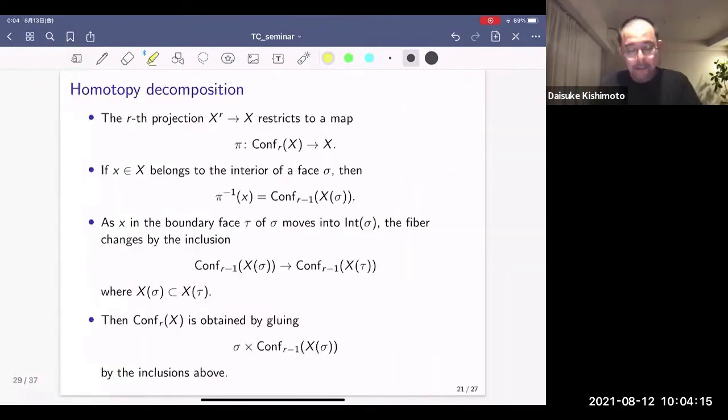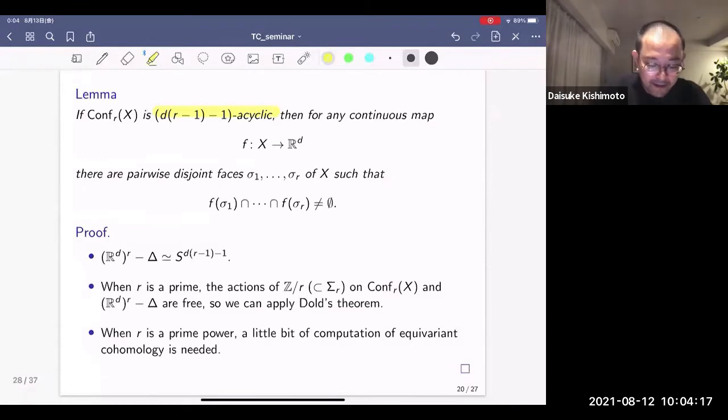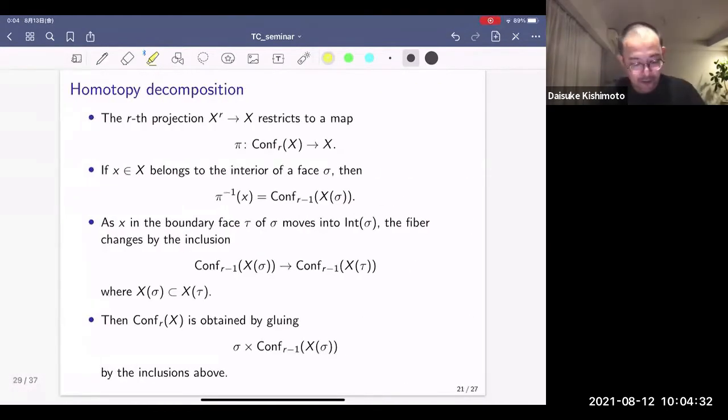Okay, so it remains to compute the acyclicity of the discretized configuration space from the data of X. Actually, this is the main point of this talk.